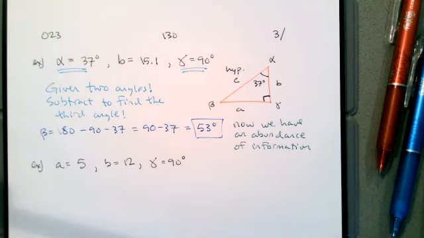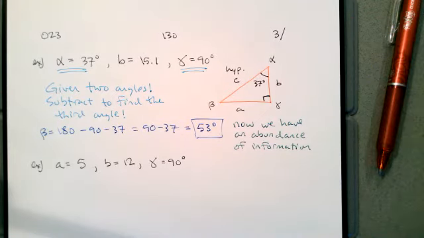So what we notice is that we don't have two angles, so we're not going to immediately subtract to find the third one. So now to find an angle, we're going to have to use an inverse trig function. So in this case, we don't have a directive to do something immediately.